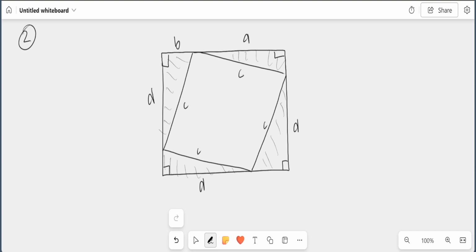A, B, B, B. Okay, so we know that (A plus B) squared is equal to the area of the big square, right? And C squared is equal to the area of the small square, and the area of the triangle is 1/2 base times height, so 1/2 AB.